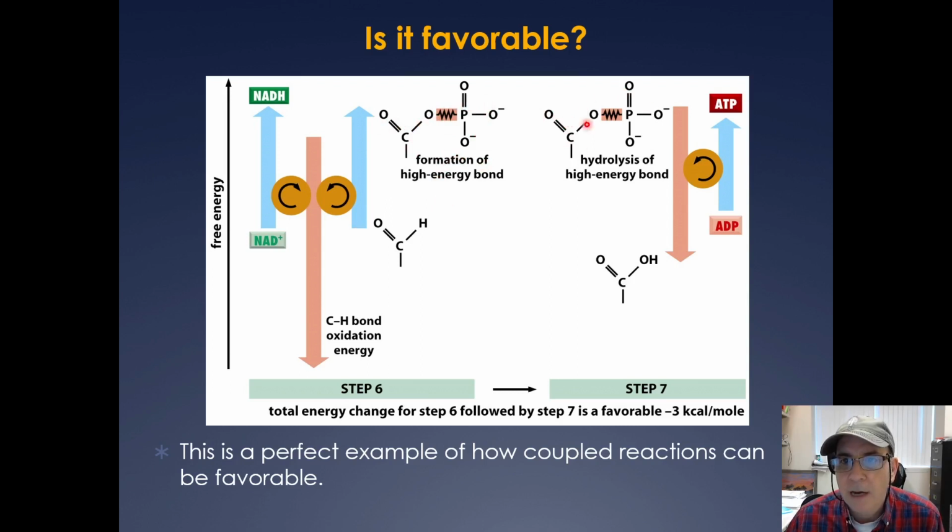This high energy phosphate bond is then a downhill reaction to transfer the phosphate to ADP to generate ATP. So it's the coupling of these reactions that allows the formation of this high energy NADH and the high energy ATP.